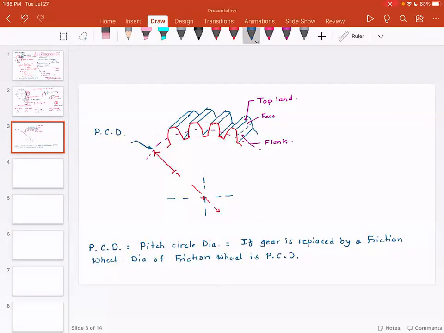Now, what happens here is the top of the gear. If I were to draw a circle to the top of the gear, this is called the addendum circle.